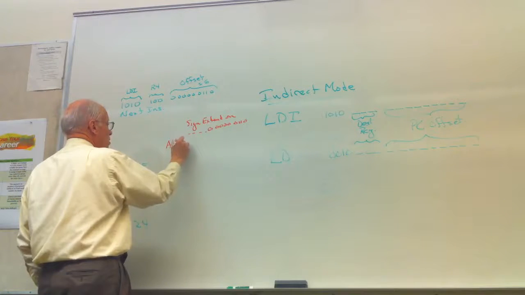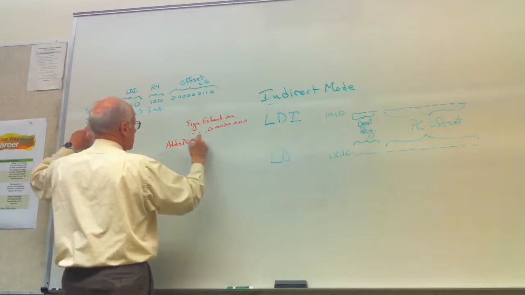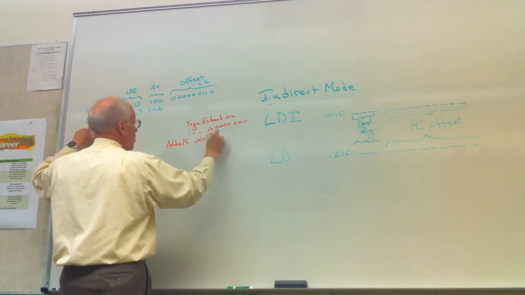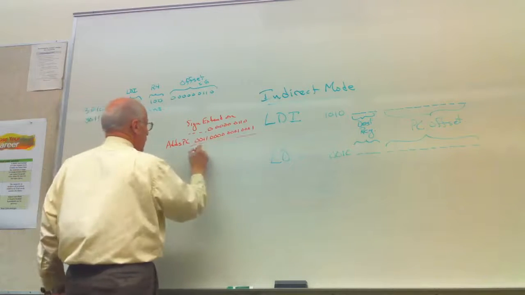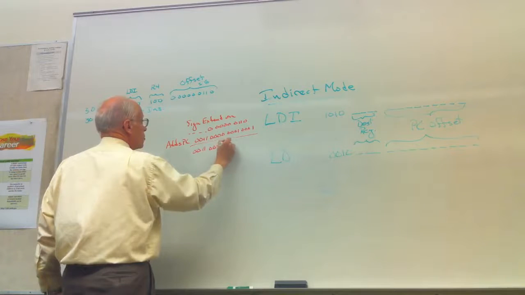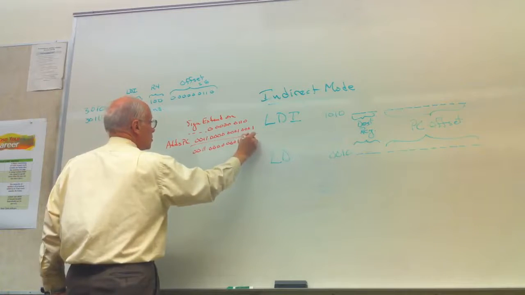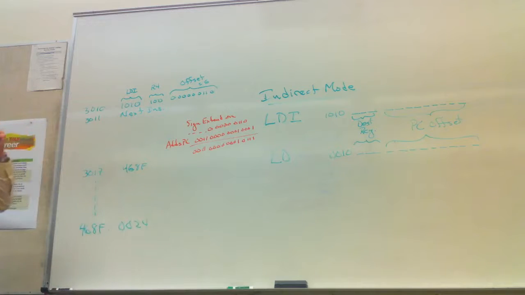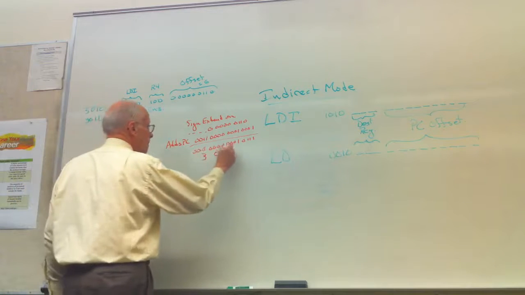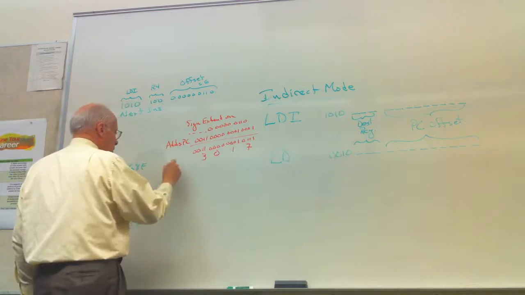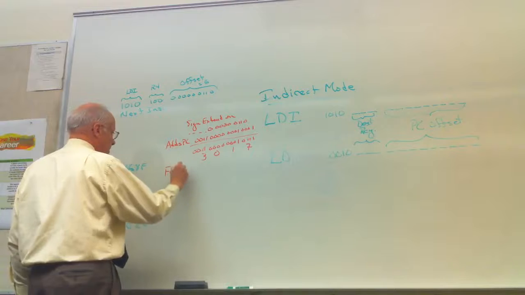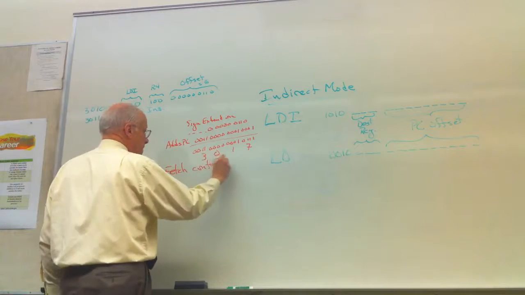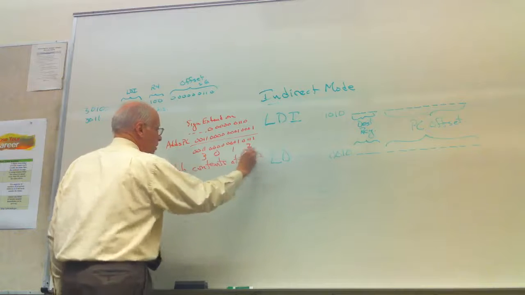It adds the program counter, which is 0011 0000 0001 0001, and I get 0011 0000 0001 0111, which is 3017. Okay, so now it fetches the contents of 3017.